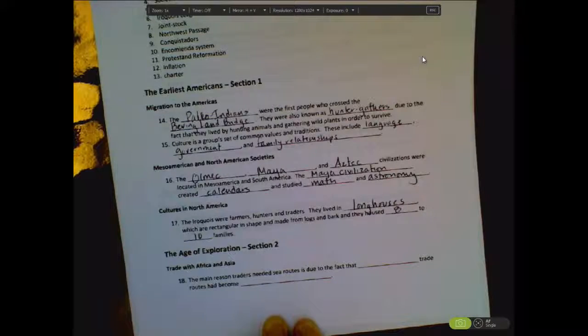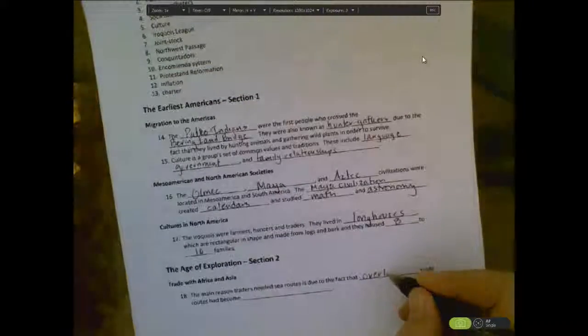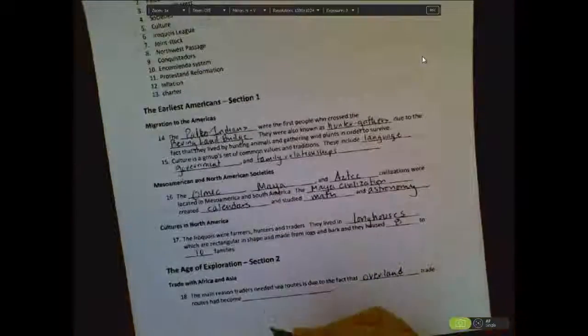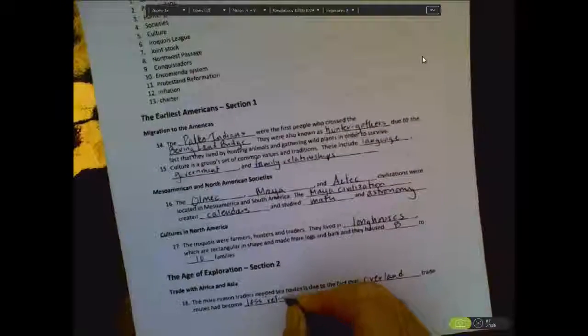The Age of Exploration is section 2, and this is about trade with Africa and Asia. The main reason traders needed sea routes was due to the fact that overland trade routes had become less reliable.